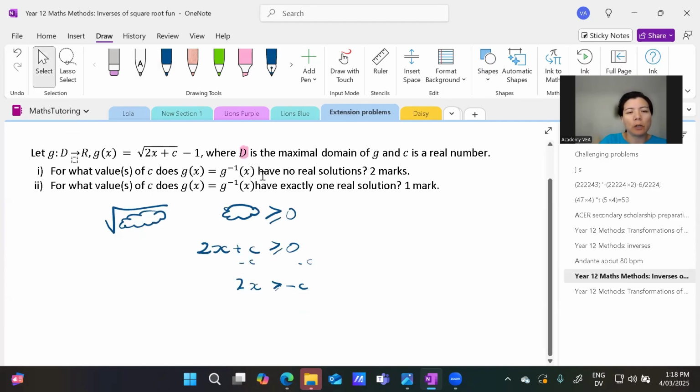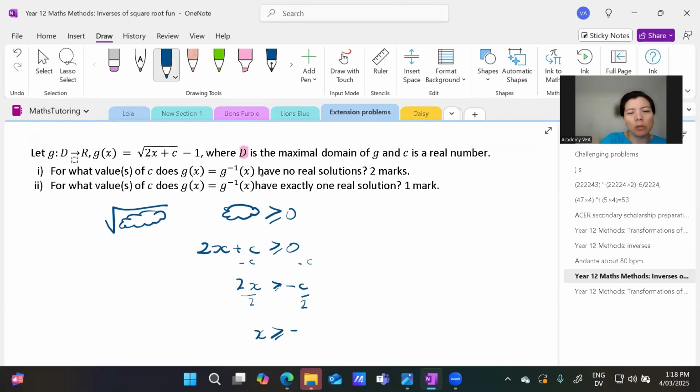Then if you divide by 2, you get x is greater than or equal to negative c on 2. So I'm hoping it's not too much of a stretch of imagination to know that it is a square root shape starting at negative c on 2 and with a y value of negative 1.